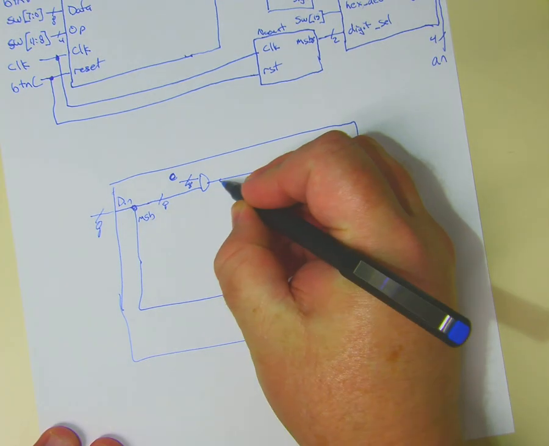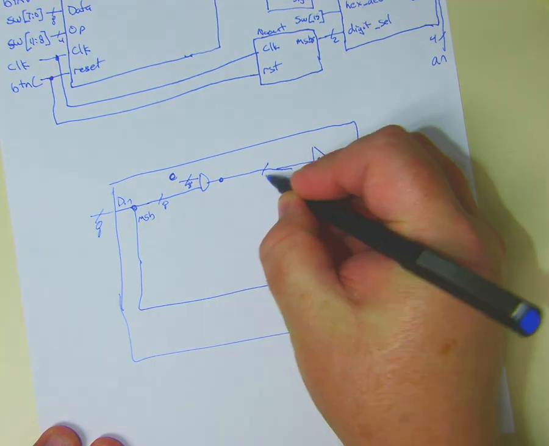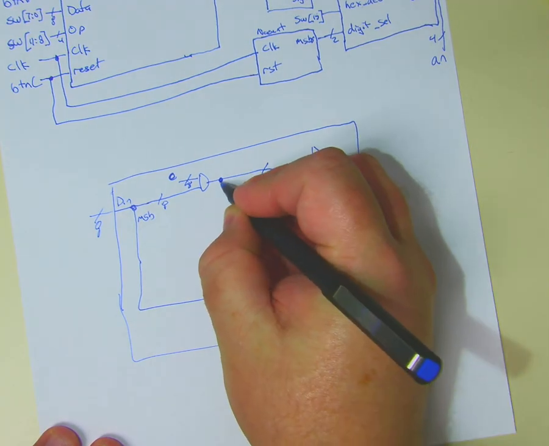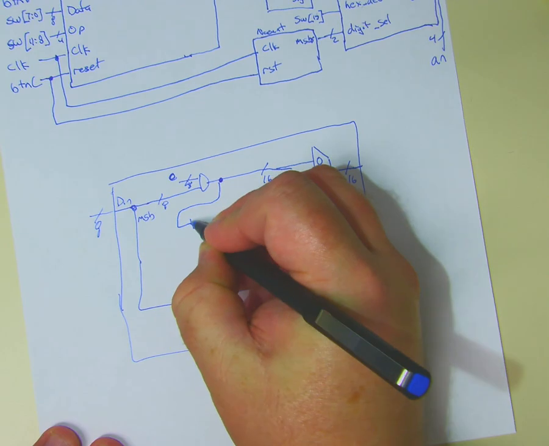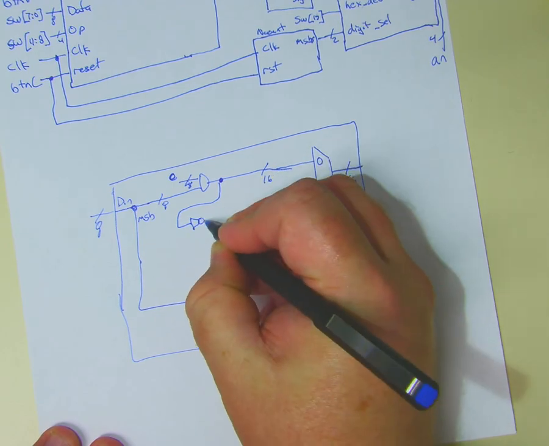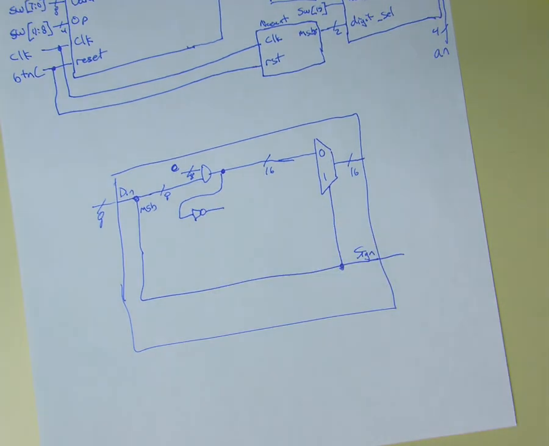So I can take these 16 bits here. I can grab them, and I can negate all of them. Literally, just NOT each bit. Remember, NOT allows a bitwise version that'll just NOT every single bit. So that's really easy to do.